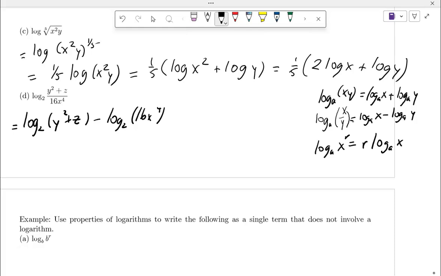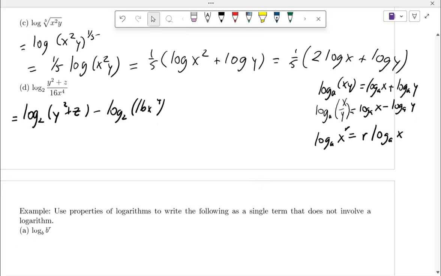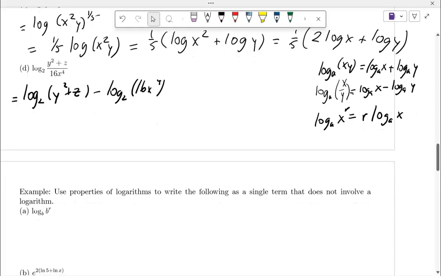Okay? What do you notice in the second one? What kind of operation do you notice with those two? What's going on with the 16 and the x to the fourth? What are you doing with those two things? Multiplying. So how can you rewrite that piece?